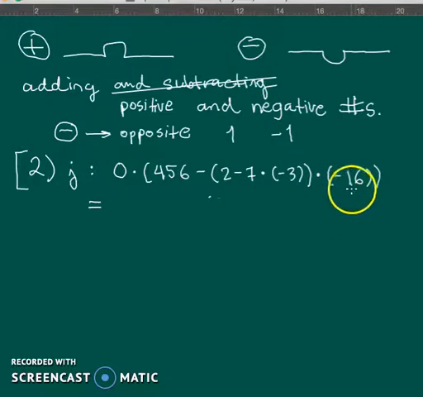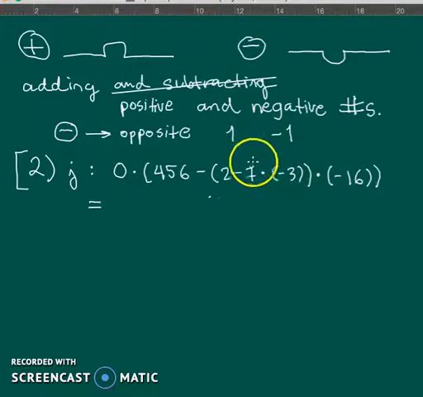So let's look at all the insides of our brackets. Well, we have negative 16 here. It's on its own. Okay, so we'll let that sit for a second. We've got a negative 3 here. And then we have these other operations inside brackets. We've got 2 minus 7 times the negative 3.